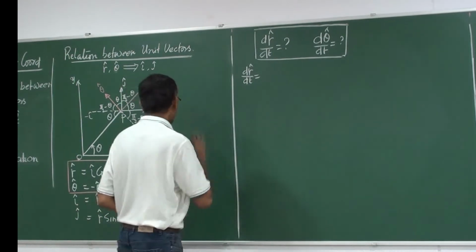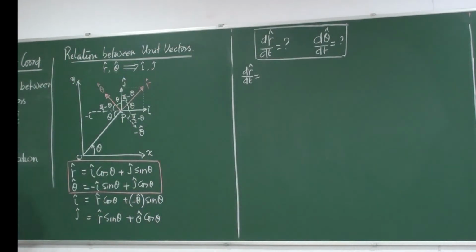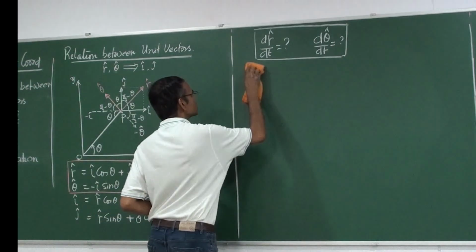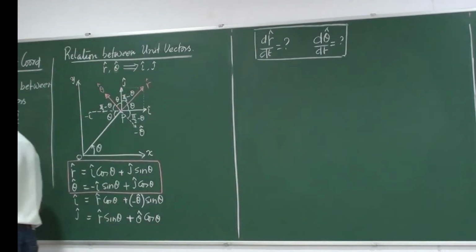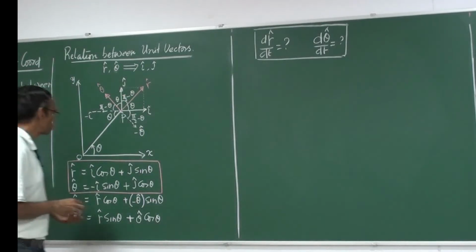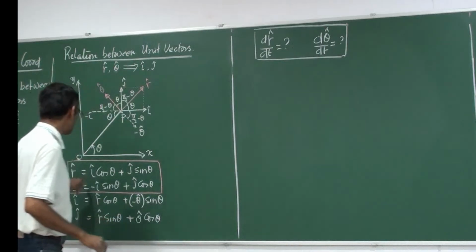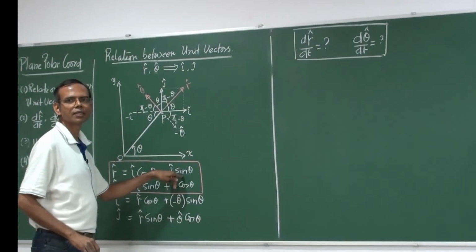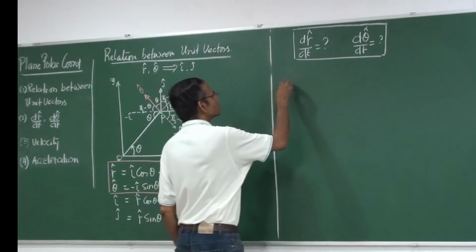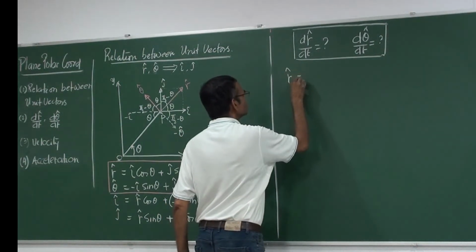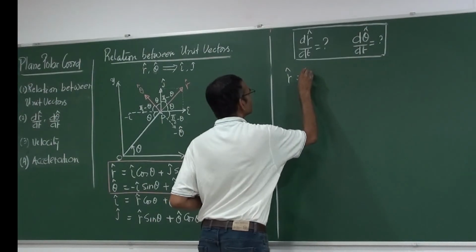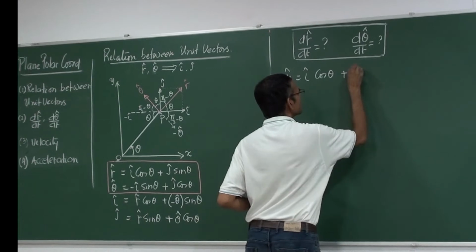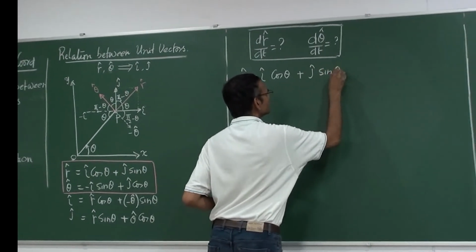So let us write r cap in terms of I cap and J cap, which are fixed. So let us see what is r cap. Now our expression, I cap cos theta plus J cap sin theta. So let us write r cap is equal to I cap cos theta plus J cap sin theta.